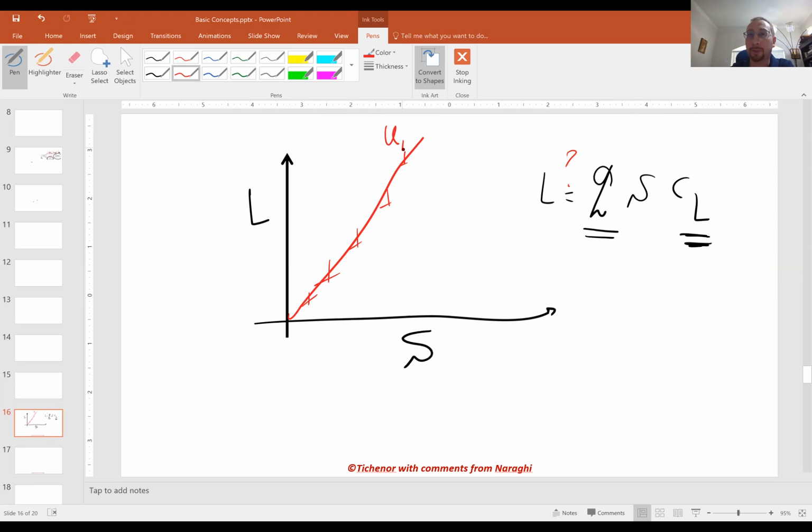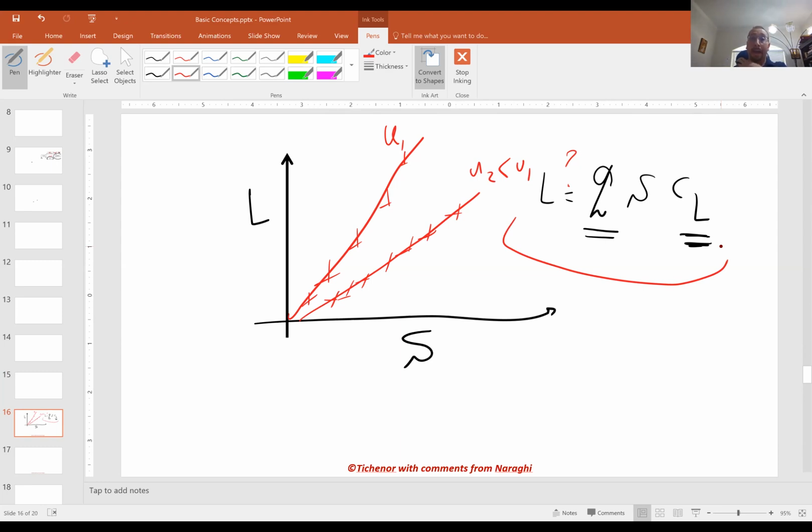Let's say this was for the case of U1. I can also do another experiment for U2, where U2 is less than U1 velocity. I should also get another line like that. If all of this happens, then my relationship is validated.